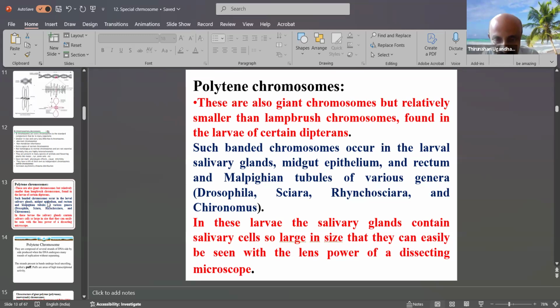In these larvae, the salivary glands contain salivary cells so large in size that they can easily be seen within the low power of a dissecting microscope. Under the dissecting microscope, we observe the special type of polytene chromosomes in the mouth part of Drosophila melanogaster, that is the housefly.